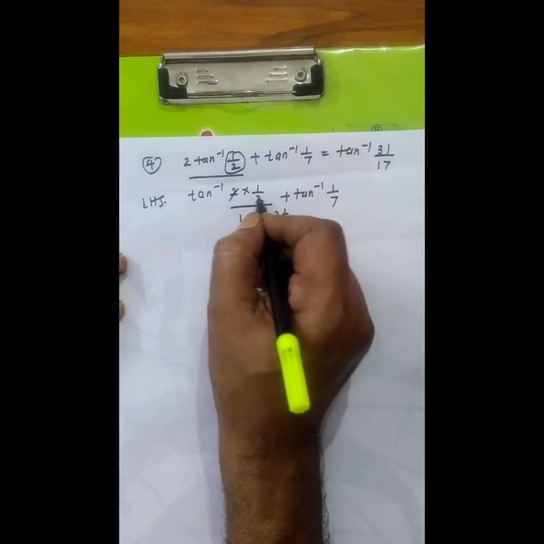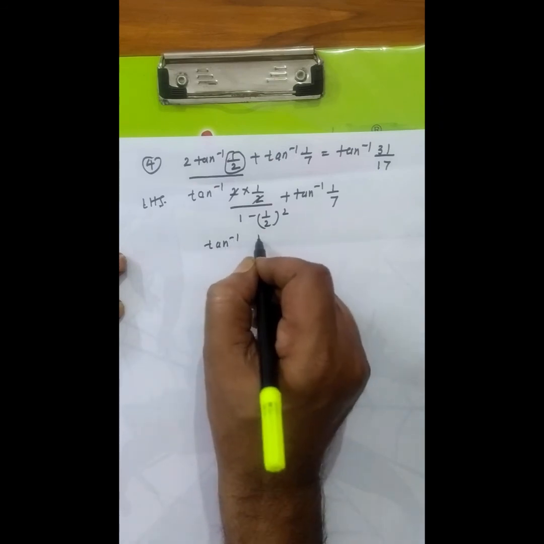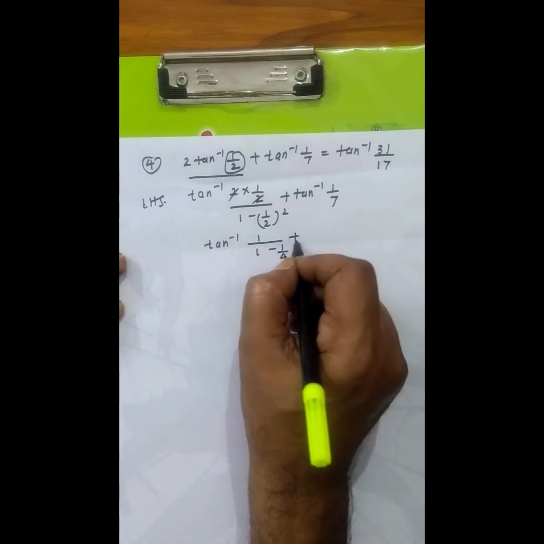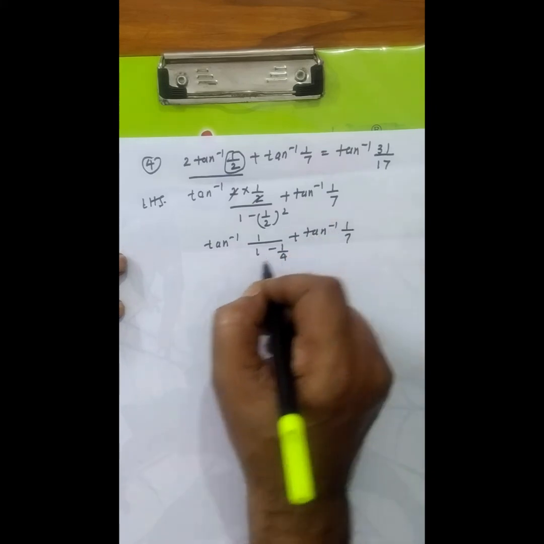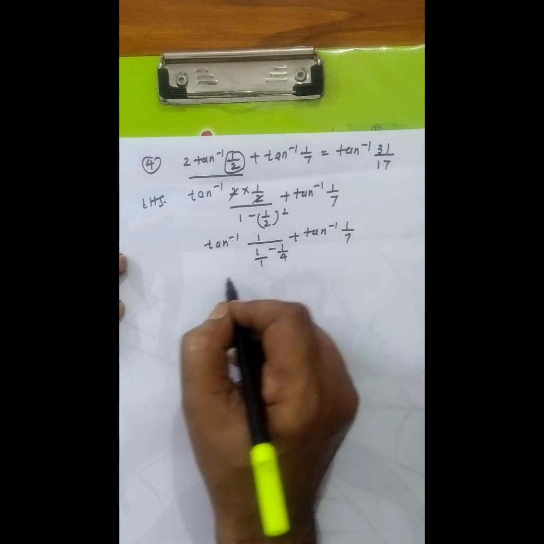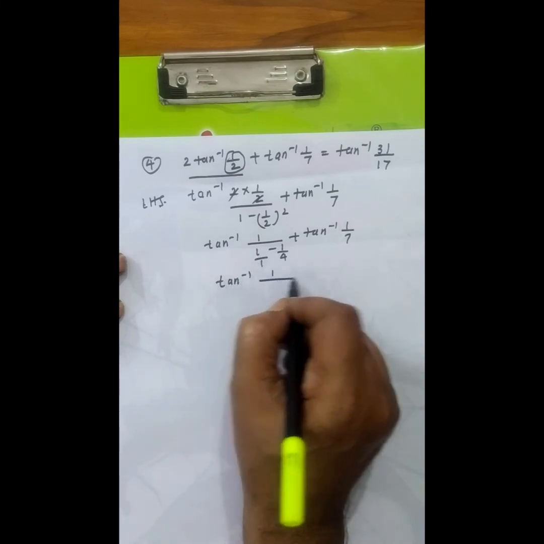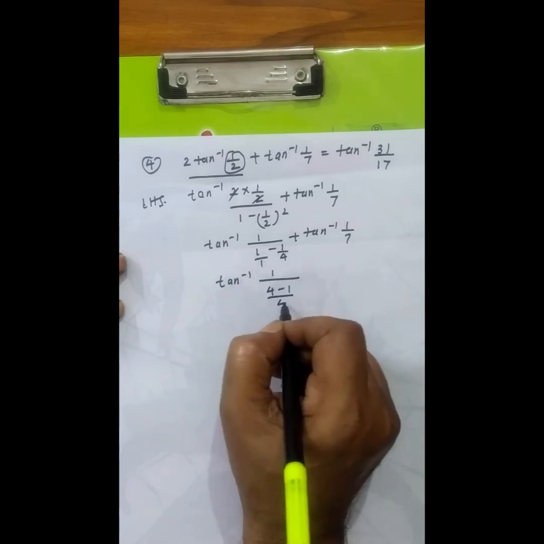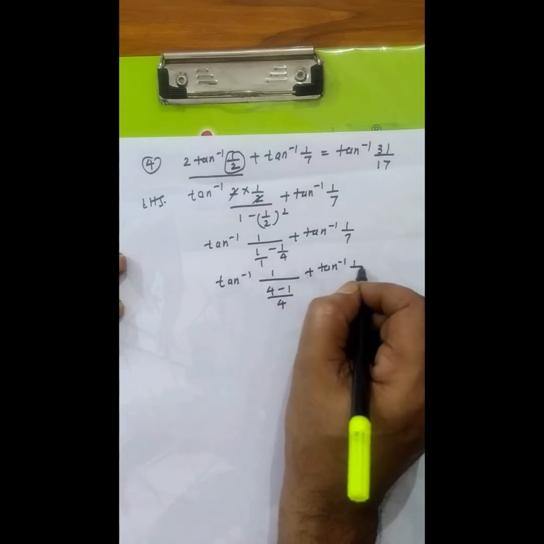So this 2 will get cancelled. This will be tan inverse of 1 divided by 1 minus 1 by 4, plus tan inverse of 1 by 7. So if you take LCM and simplify here, this will be tan inverse of 1 divided by, LCM is 4, so it is 4 minus 1 divided by 4, plus tan inverse of 1 by 7.